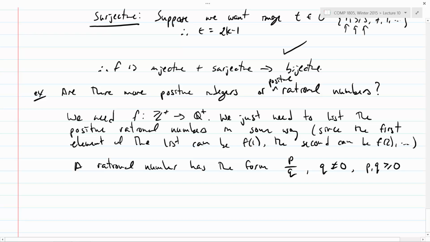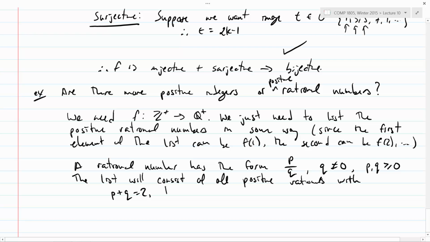So the way it's going to work is the list will consist of all positive rationals with p plus q equals 2, then p plus q equals 3, then p plus q equals 4, and so on. That's the trick. That's how I'm going to list them.